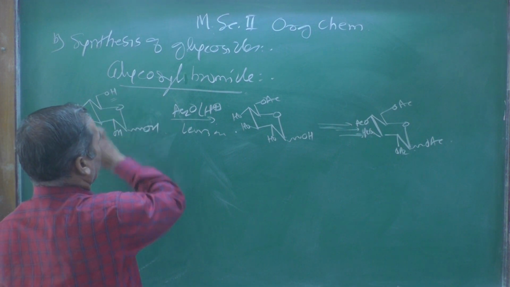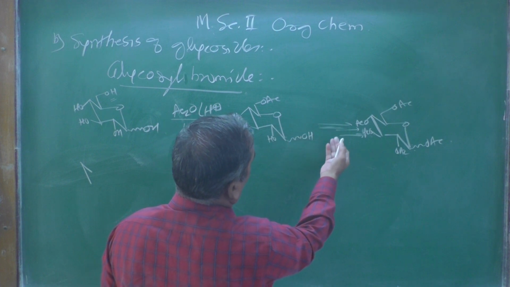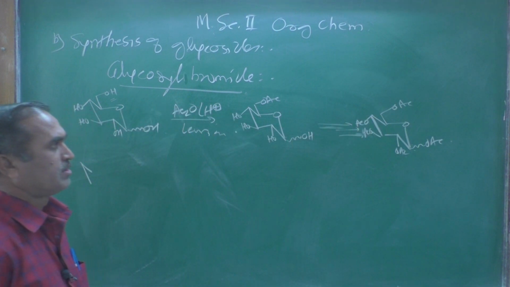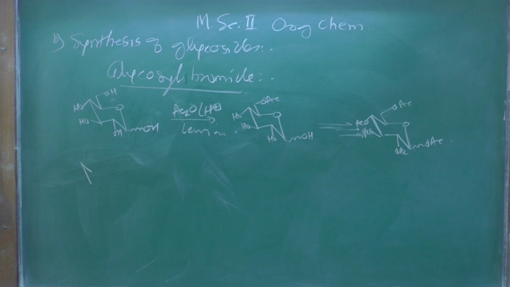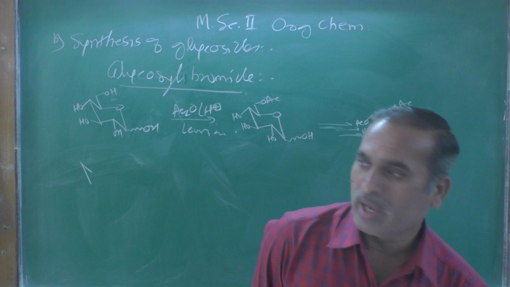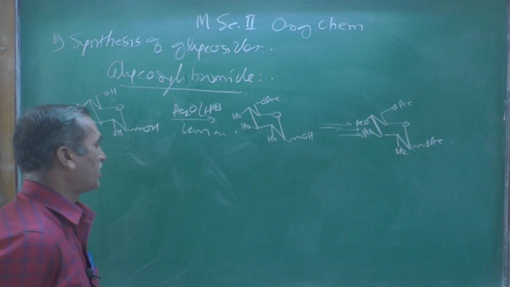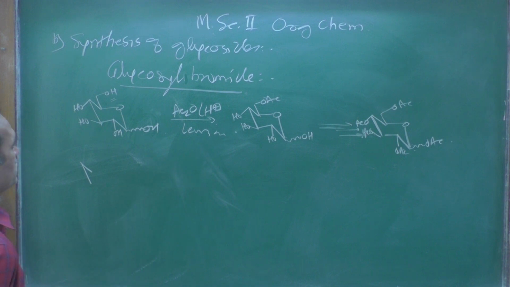First, this primary alcohol gets acetylated, and further in many steps it will be converted in an excess amount of acetic anhydride in the presence of the Lewis acid. All the hydroxyl groups, including the anomeric hydroxyl group, also get acylated, and we will get this type of compound over there.